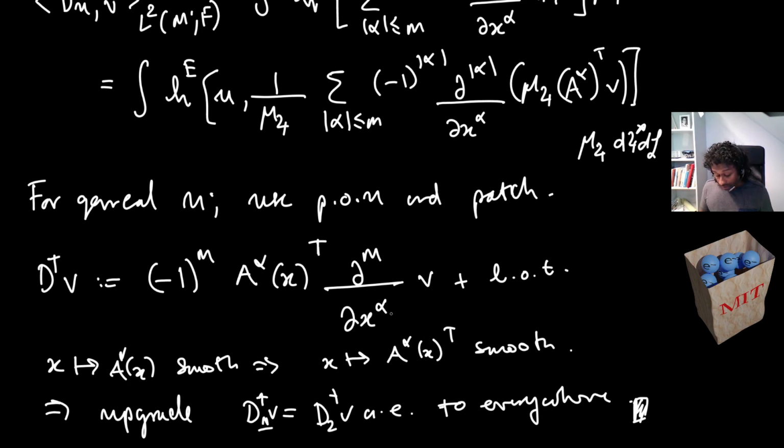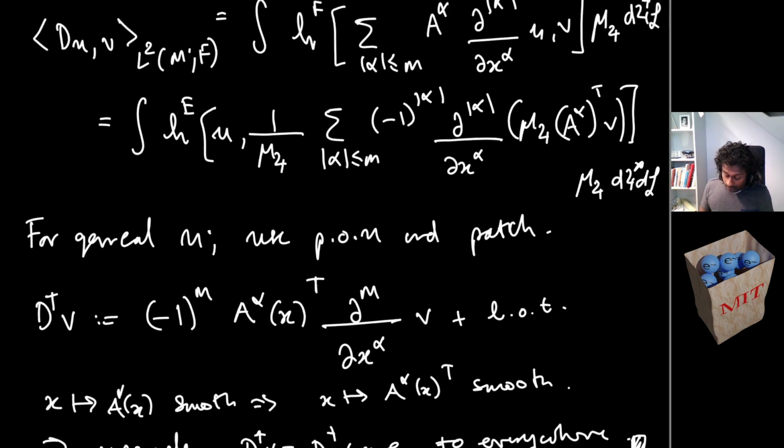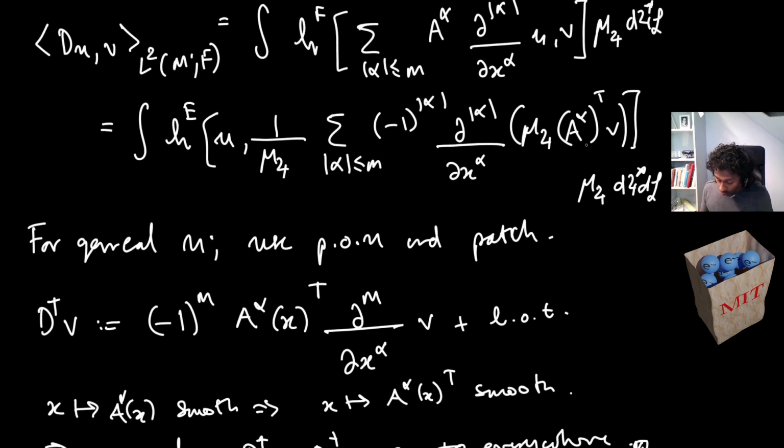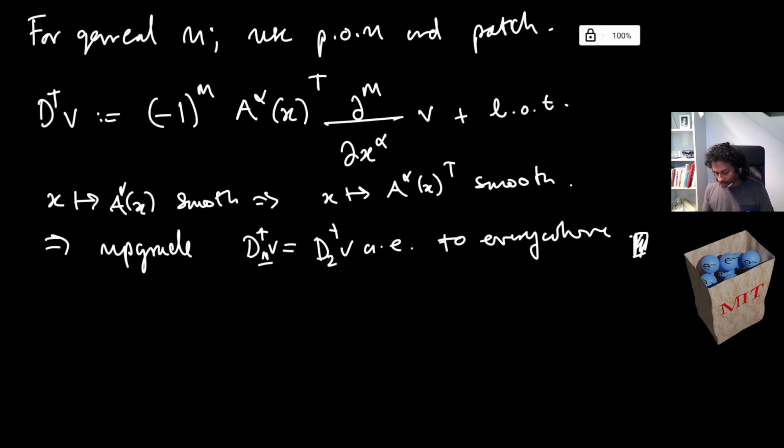I mean, here in the transpose, we do use the fact that we've written everything out in an orthonormal frame, but the derivatives hitting the measure or the alpha get absorbed into the lower order terms, right? And so everything cancels. So the formal adjoint is a more intrinsic object in some sense.